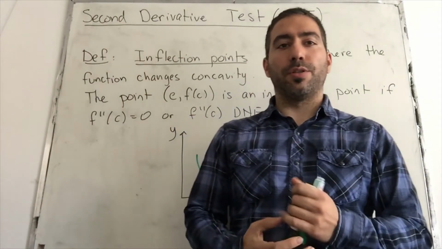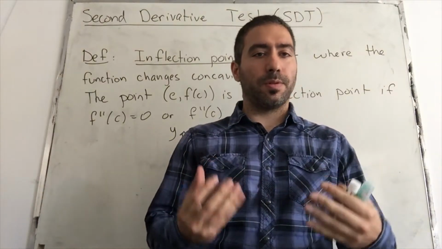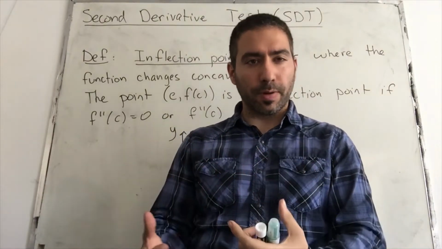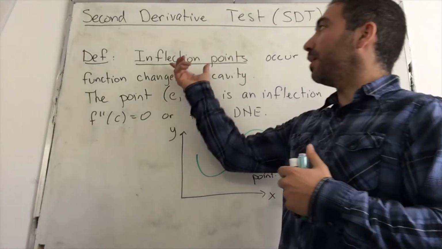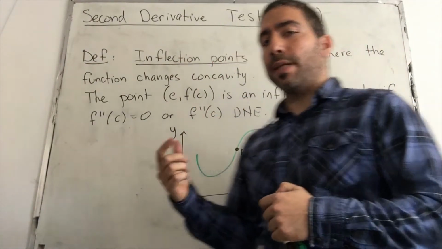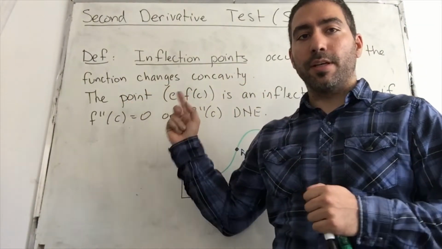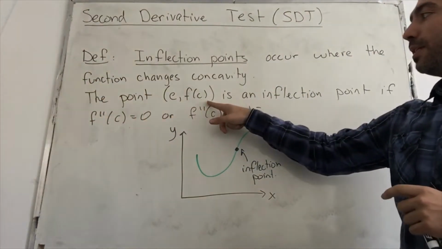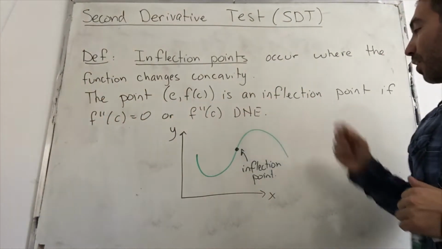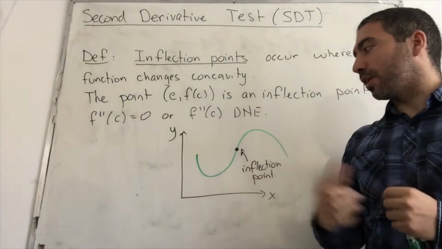Here we introduce a new term that we have to know. For the first derivative test, we used the term critical point or critical values. Now for the second derivative test, we use the term inflection point. By definition, the inflection point occurs where the function changes concavity. Another way of thinking of it is it's the point c, f of c, where the second derivative equals 0 or the second derivative does not exist.